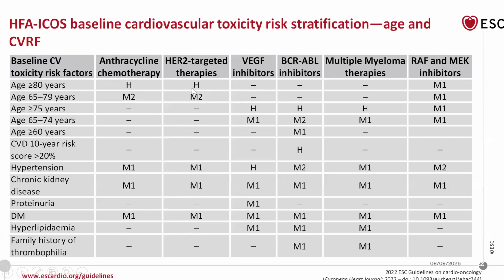So for instance, the patient is going to be given anthracycline, which is on the second column here. We have to look at the patient's age. So if the patient is 80 years and above, then we have to assign that as H. And H here means high risk. When we see M, it means a moderate risk. And moderate risk can be either moderate 1 or moderate 2.